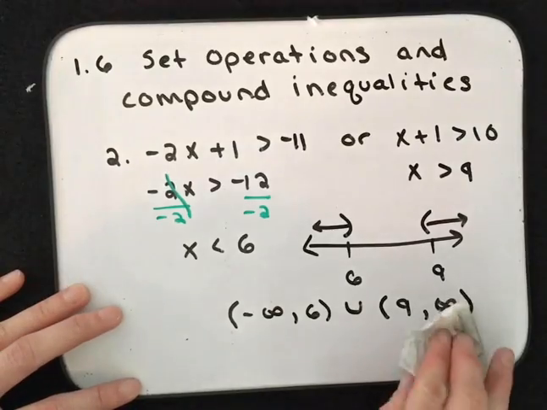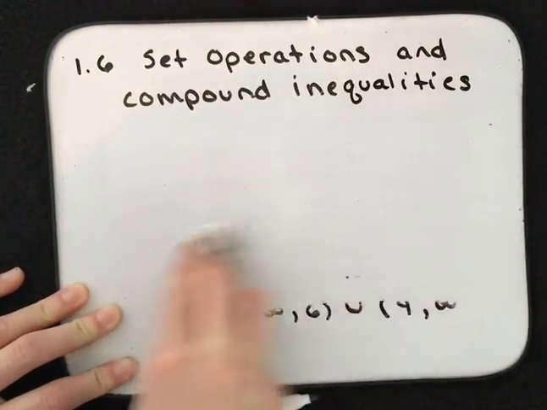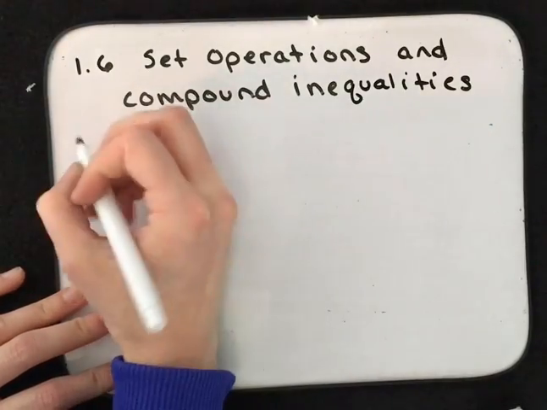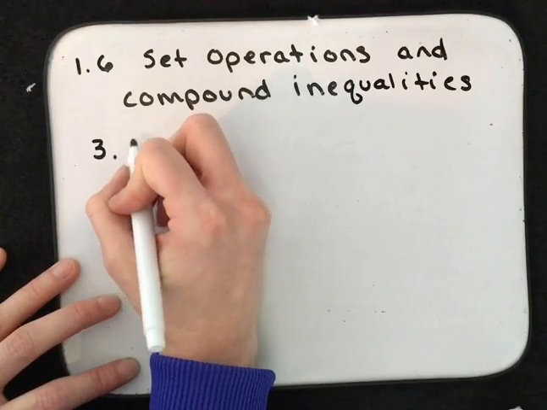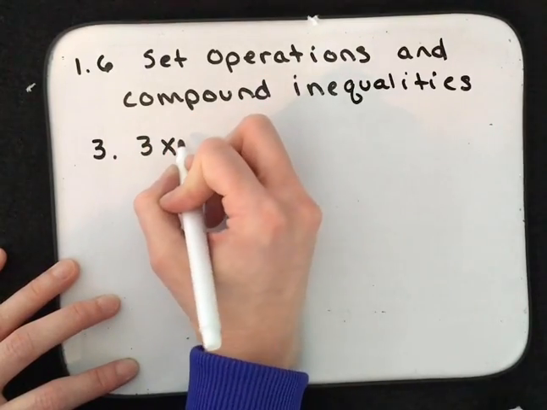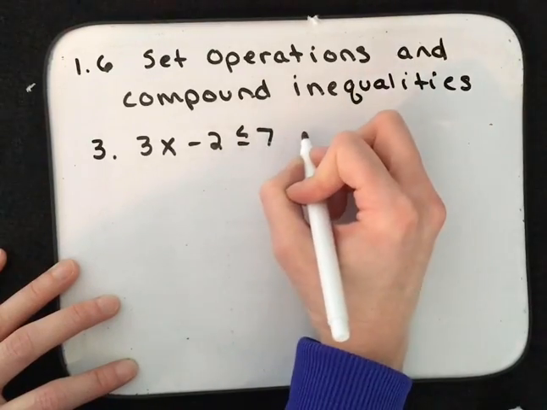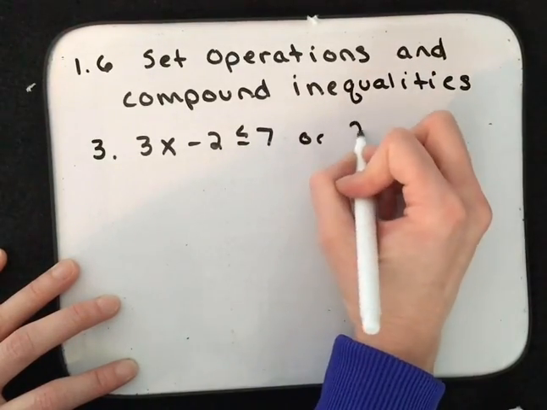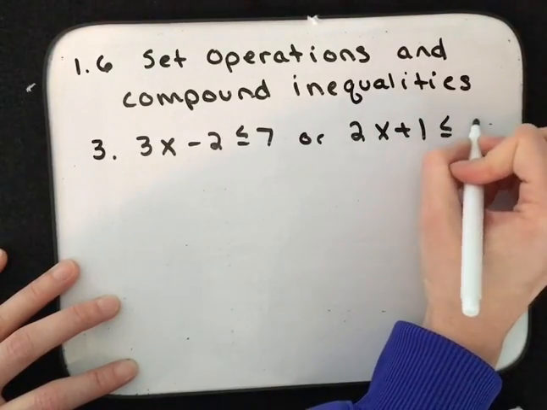Let's try again. Number 3. We have 3x minus 2 is less than or equal to 7, or 2x plus 1 is less than or equal to 9.